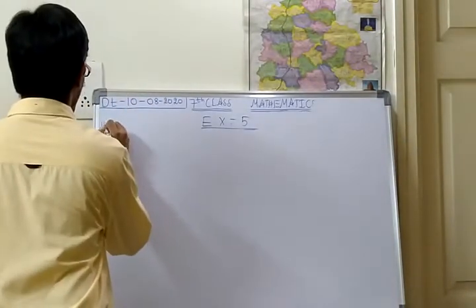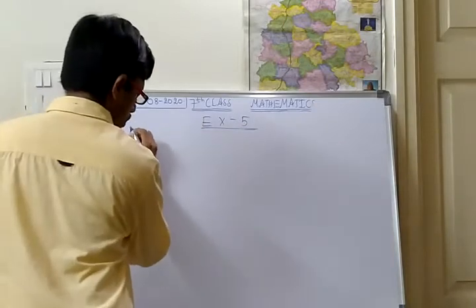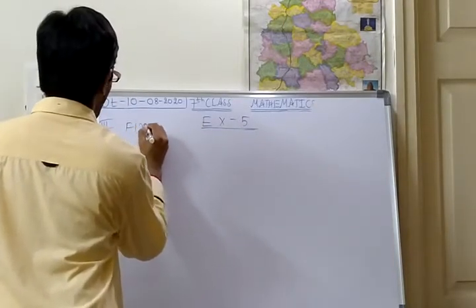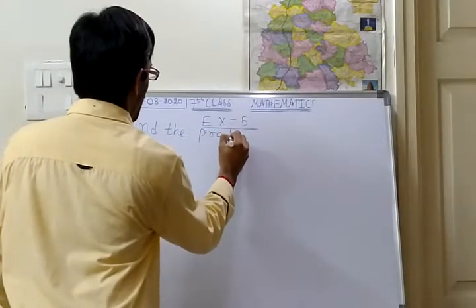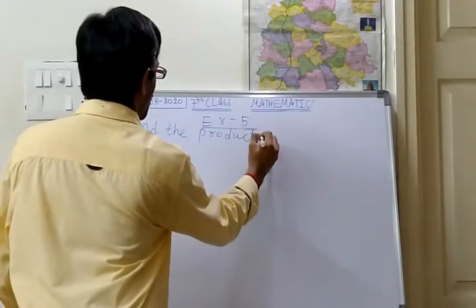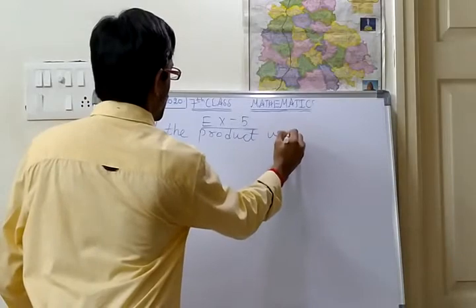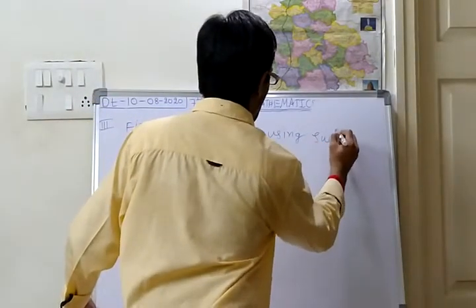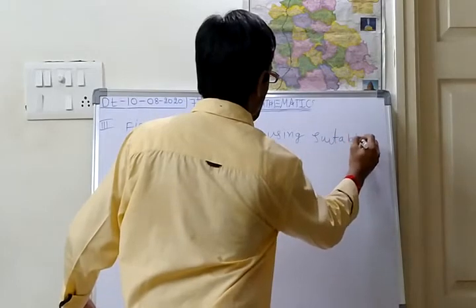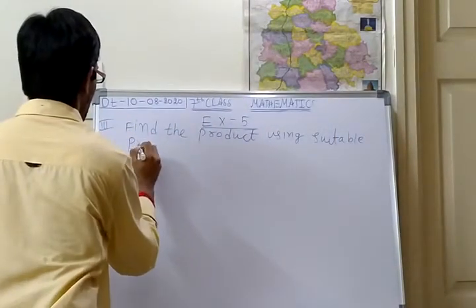Next, third bit. Find the product using suitable properties.